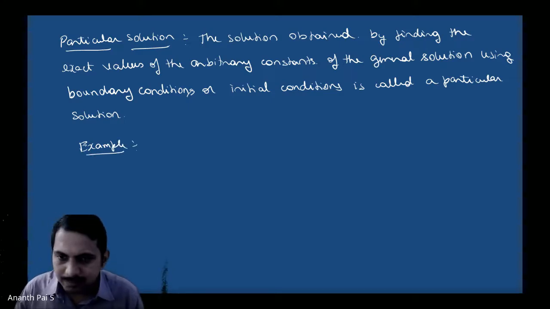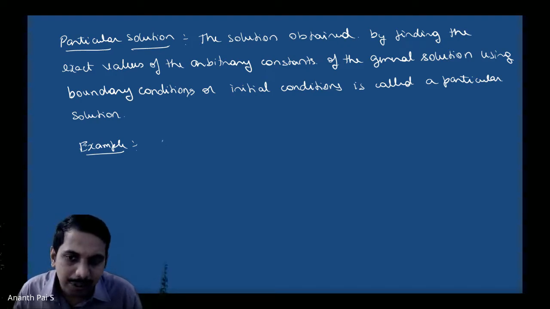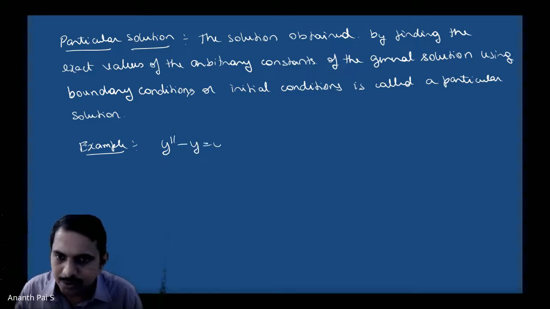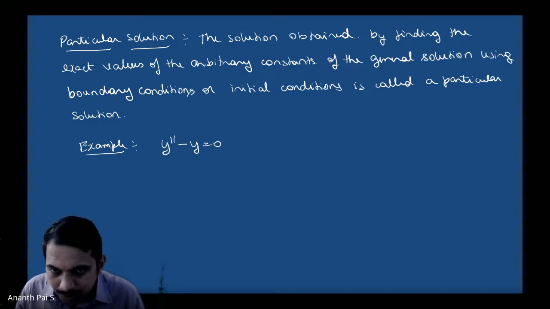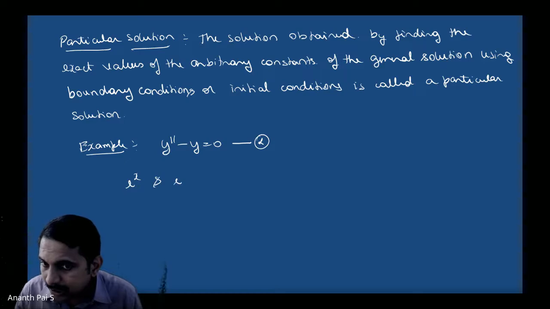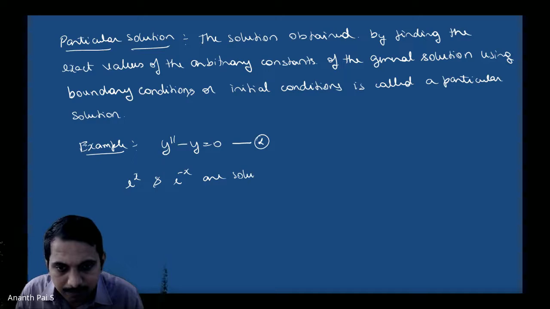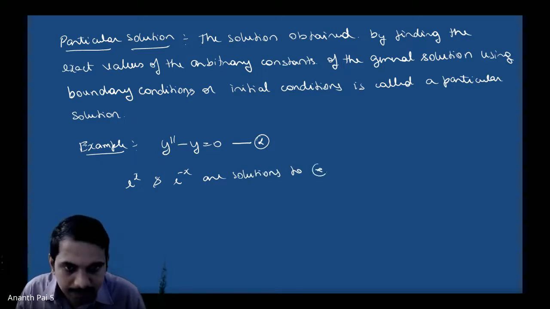We had taken the equation y double dash minus y dash minus y equal to 0. This was the example we took. Let us say this is star. We said that e power x and e power minus x are solutions to star.